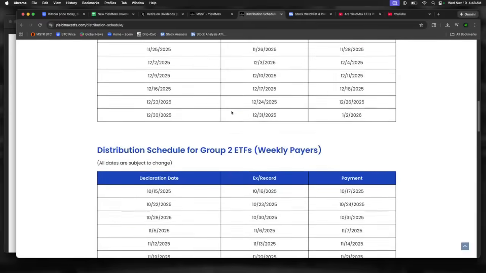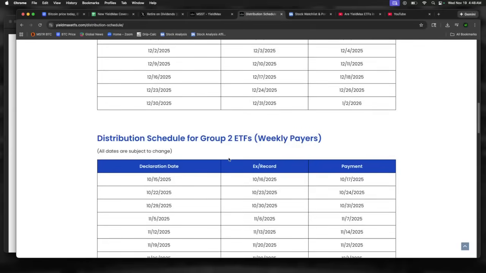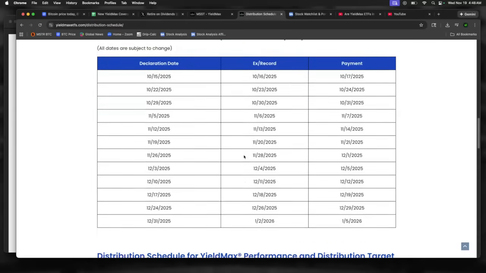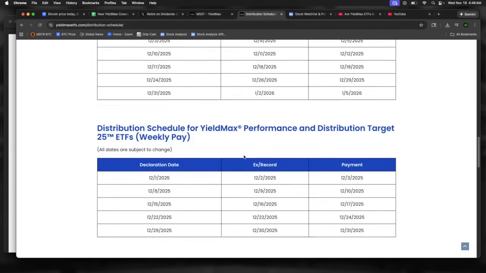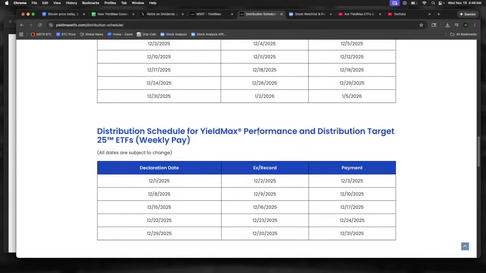So if I go to the distribution schedule, they have group one, which we know, Ulti, YieldMax, those funds. And then they have group two, which are the covered call ETFs, the MSTYs, the Pleiades, the Huis, we know them. And then they have no group, it doesn't say group three, but I'm assuming it will be group three as per name. But it says Target 25 ETFs, declaration date 12/1, ex-dividend date 12/2. So weekly payers, that's good, right? We love weekly.